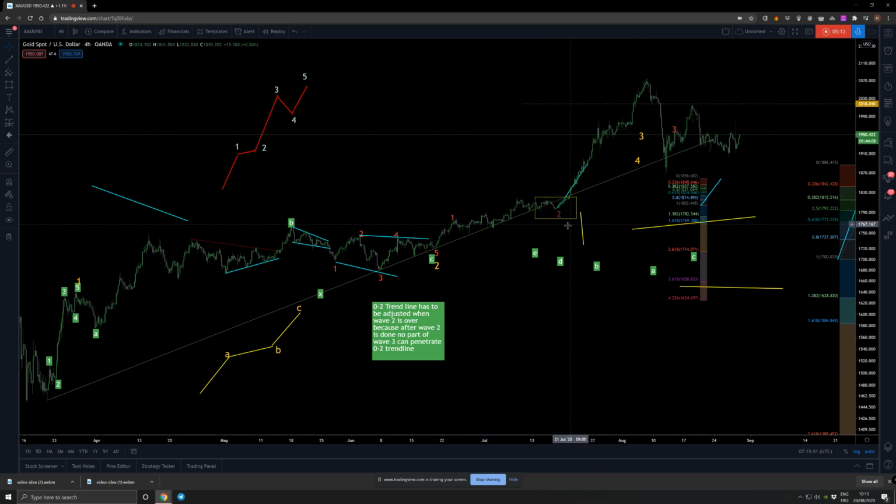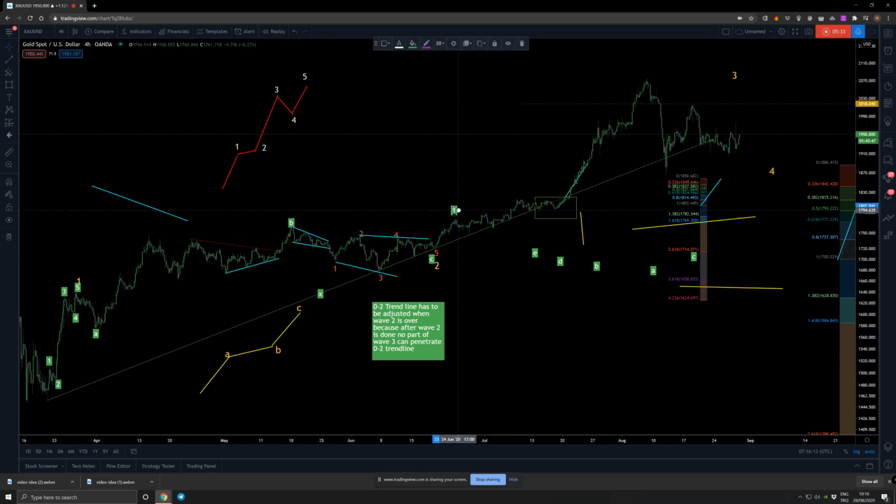Which is interesting. Now, if this is the second wave, it means that we are going for the third wave. If we are going for the third wave, it means that on one lower degree, which actually is not this one, this is the mistake also, it is this one.